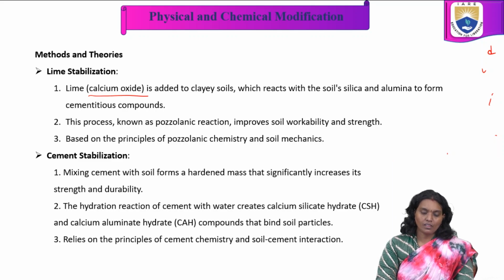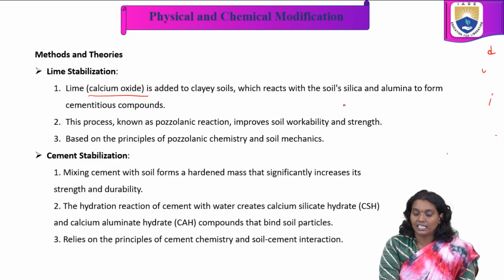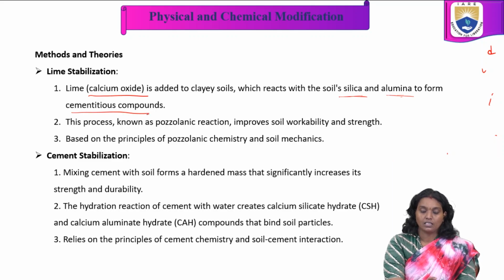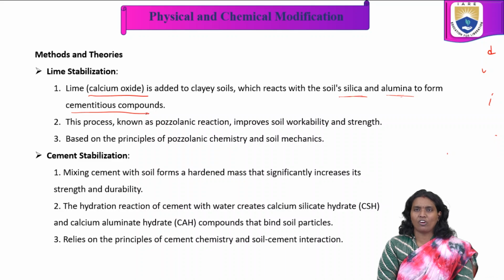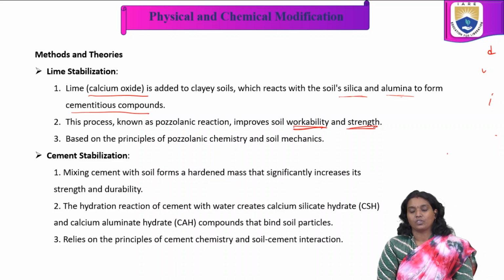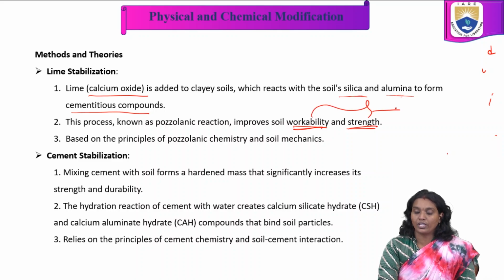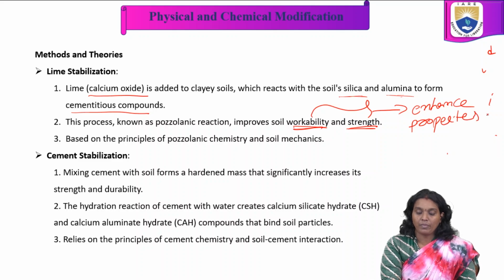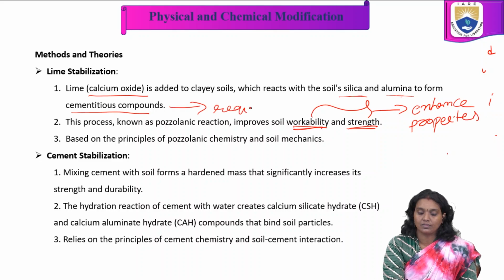In this, lime is added to clayey soils and reacts with the soil's silica and alumina to form cementitious compounds. This process is known as the pozzolanic reaction, and it improves soil workability and its strength. So we have to know which properties are going to be enhanced, based on the requirements for choosing the method.